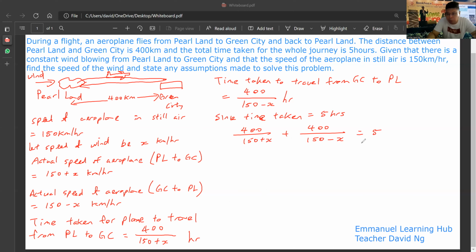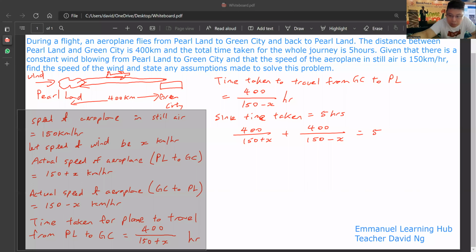So I'm going to multiply. If you notice this equation, 400, I would erase this part so that I have space to do the question.